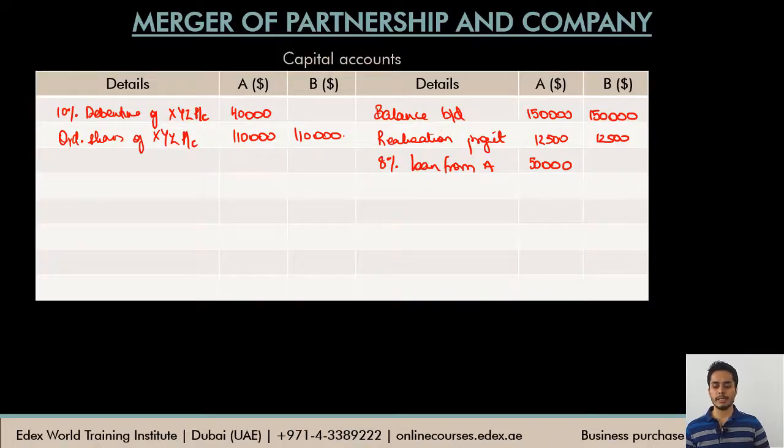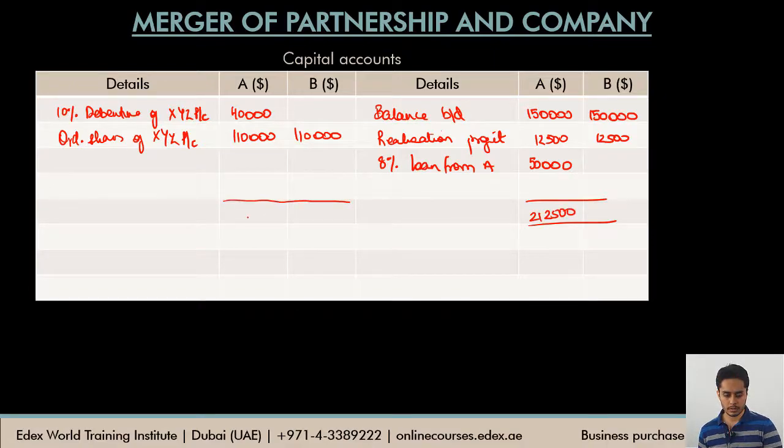Now the difference in the capital accounts will be settled by the firm's bank account. So taking a total on the credit side, 212,500 for A. And when we deduct the entries on the debit side from 212,500, difference would be 62,500.